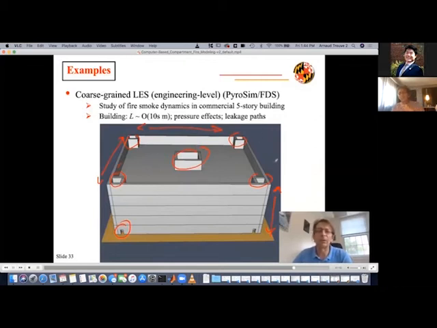And we are particularly interested in determining whether the smoke stays out of the stairwell or contaminates the stairwell. Clearly, our design aspect here is to make sure that the stairwell remains smoke-free for evacuation performance.